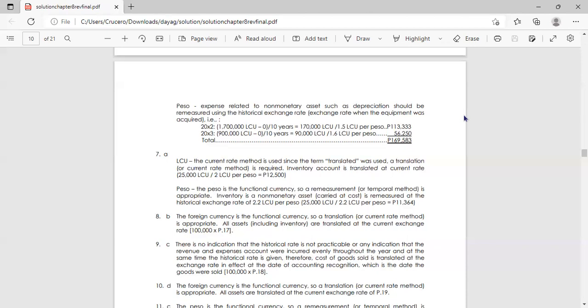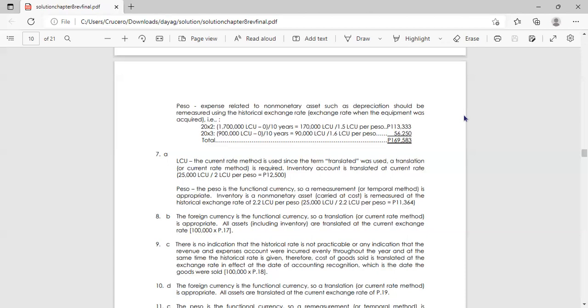And number 9, what amount does SB's consolidated income statement report for cost of goods sold for the year ending December 31, 20x5? C. There is no indication that the historical rate is not practicable, or that the revenue and expense accounts were incurred evenly throughout the year, and at the same time, the historical rate is given.